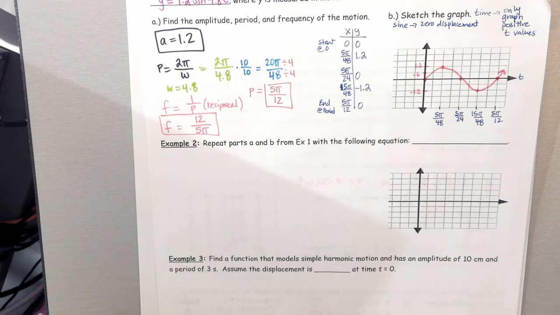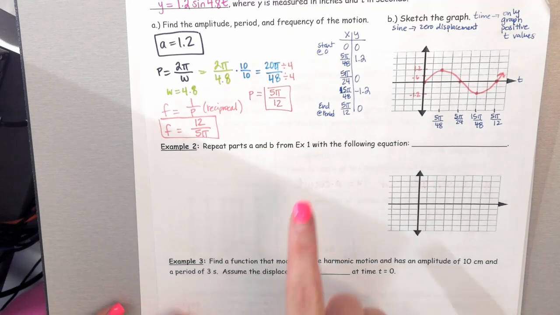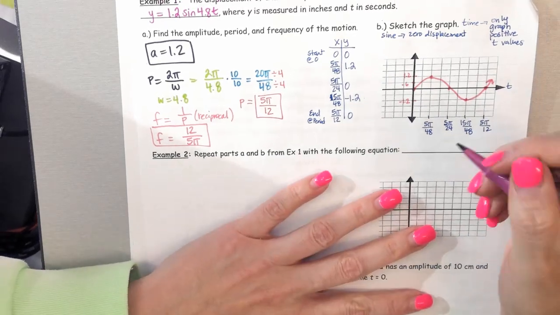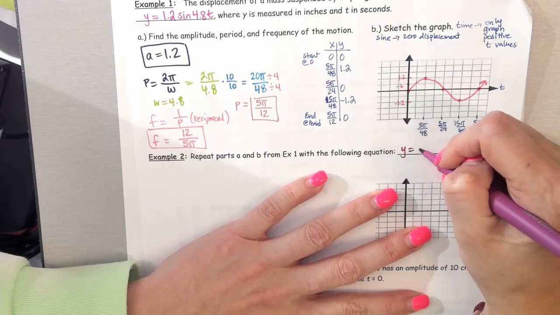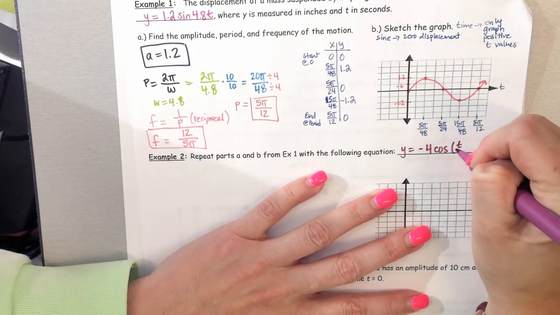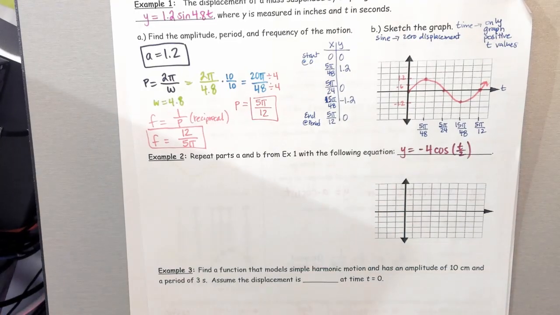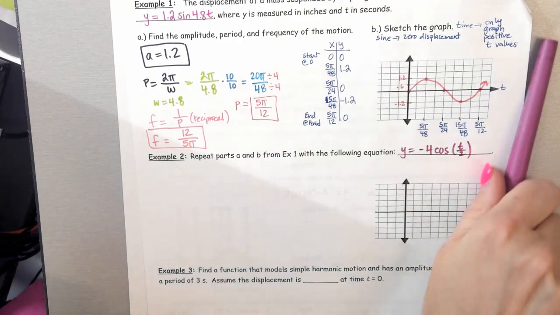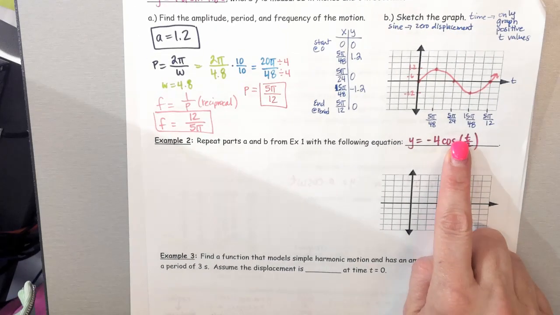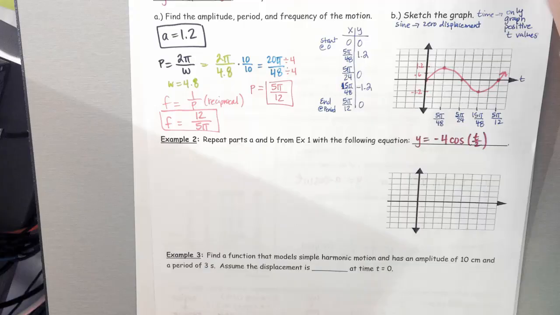Okay, for example 2, we're going to repeat parts A and B from example 1, but we're going to have a new equation. That new equation is y equals negative 4 times the cosine of t divided by 2. So negative 4 cosine, and that is t divided by 2.